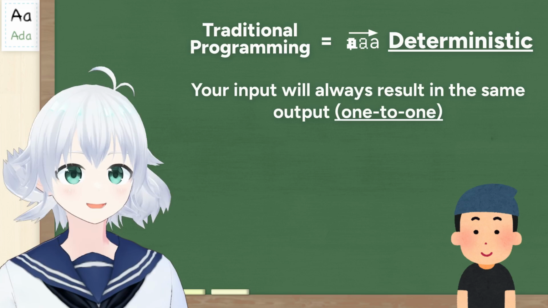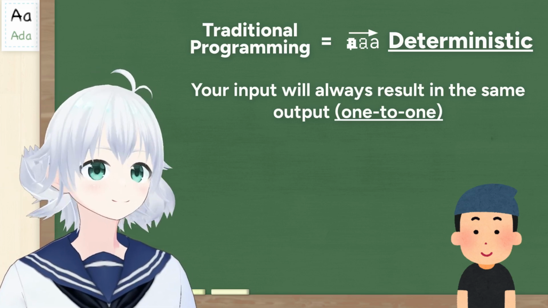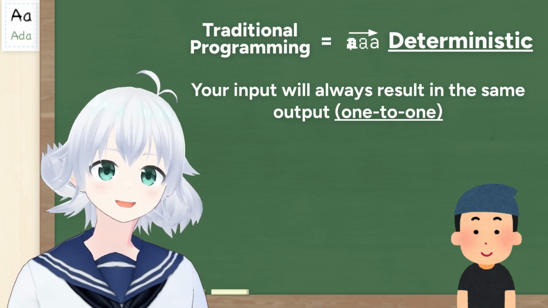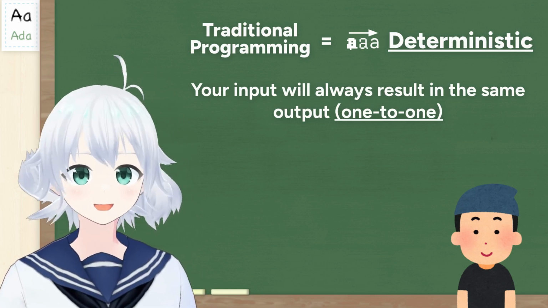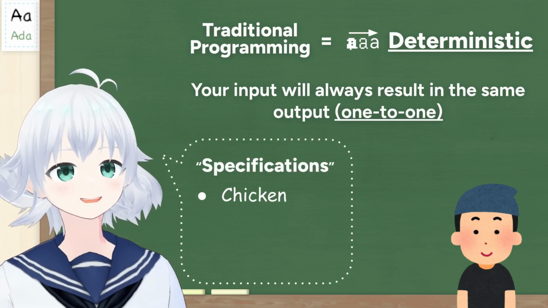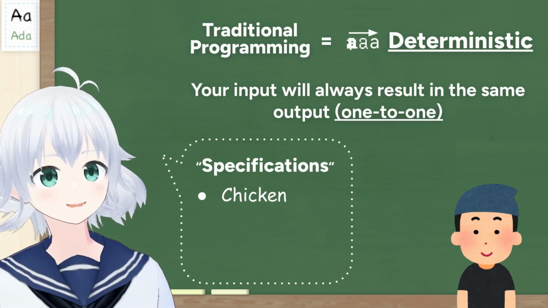Let's go back to the same restaurant example with Waiterson here again. With a deterministic mindset, I already know what I'm going to eat. So I come into the restaurant and I thought, I kind of wanted chicken this time around because I ate pork the other day.